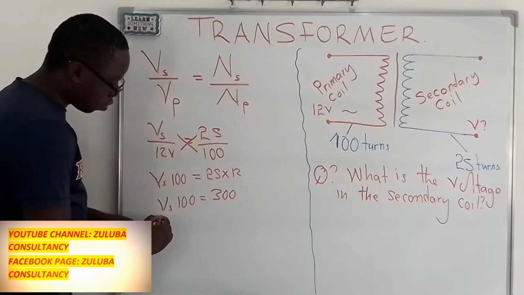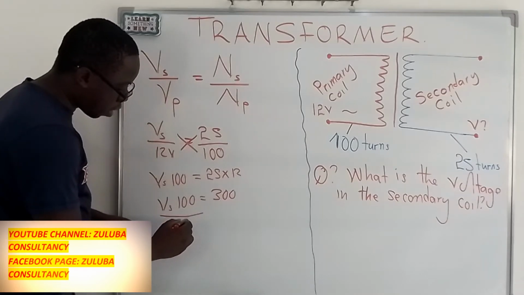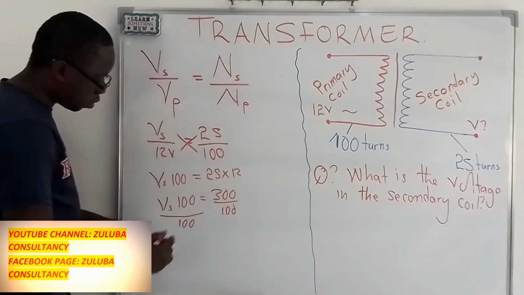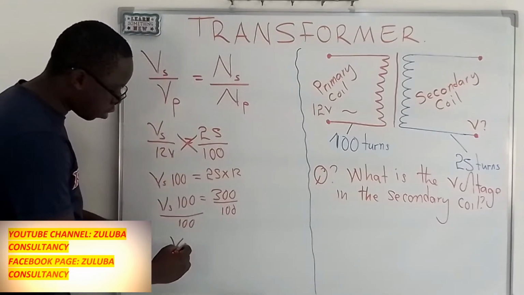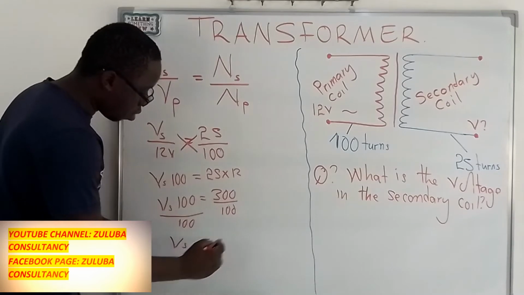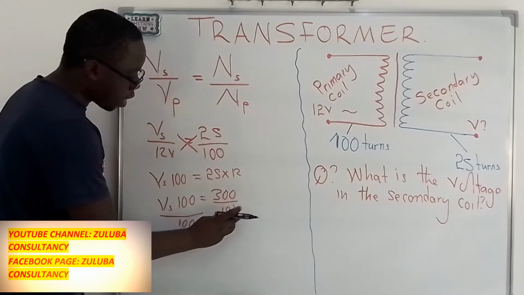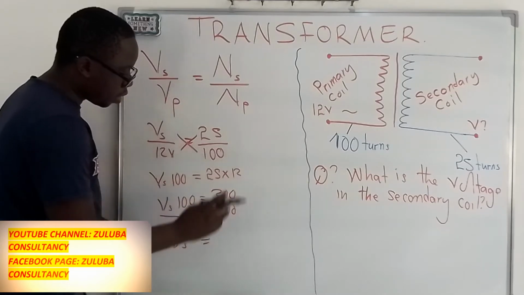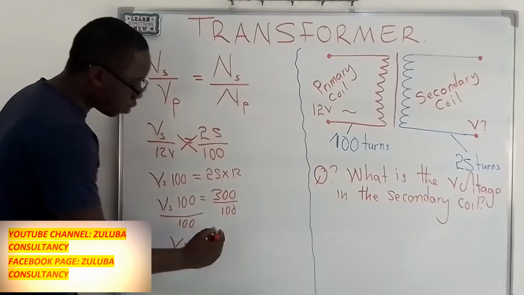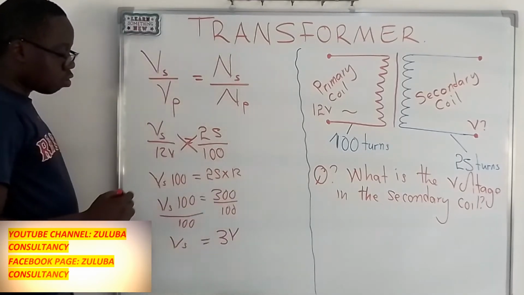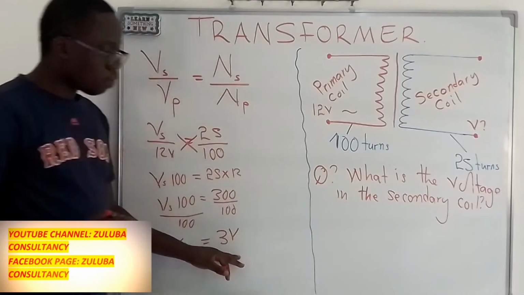After you do this, you divide both sides by 100 so that you get the value for the secondary coil in terms of the voltage. When you divide 300 by 100, 100 into 300 gives us 3. So the voltage is 3 volts.